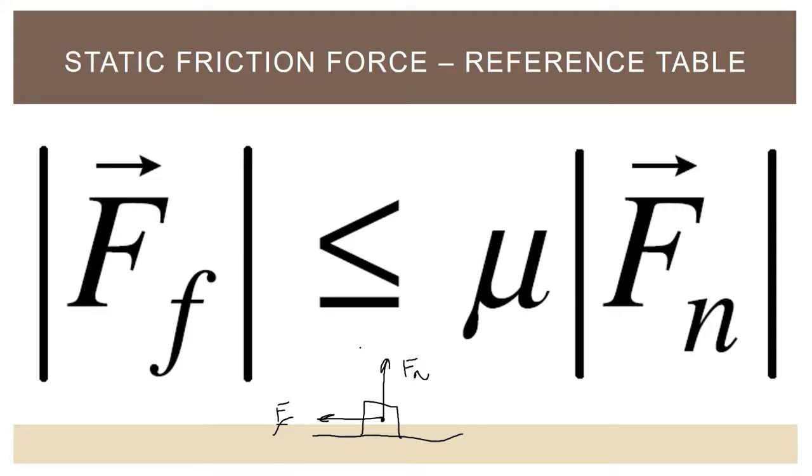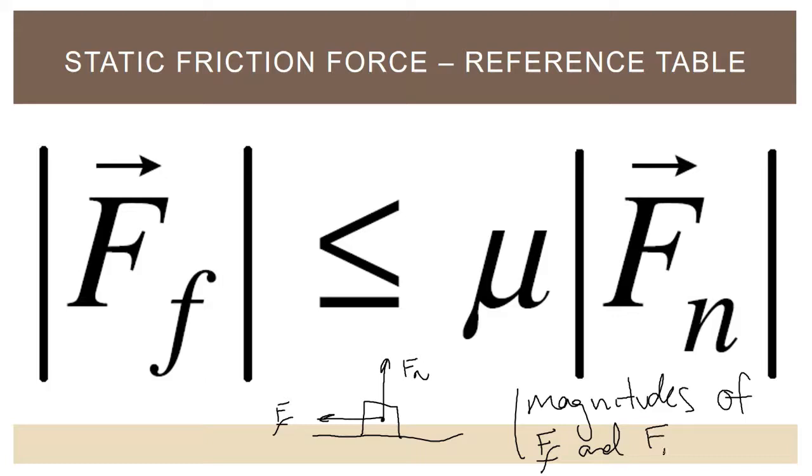It's really sketchy to just say, we're going to take this normal force, which acts perpendicular to the surface, and we're just going to multiply it by a number, and then all of a sudden the direction is going to be totally different. It doesn't really make sense. So this equation deals with magnitudes only. I want you to write this equation down, though, and then I want you to write next to it magnitudes of F_F, the force of friction, and F_N, the normal force, only.